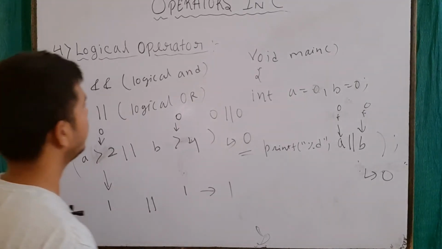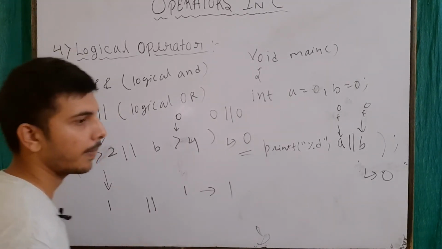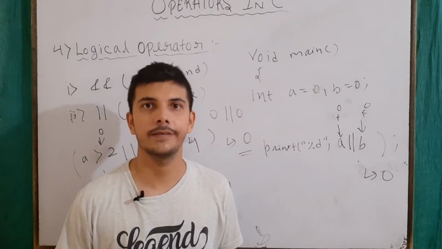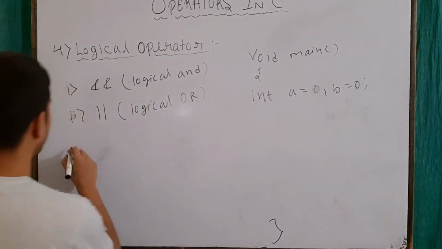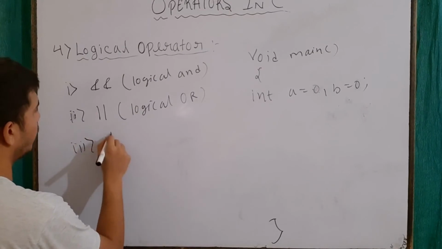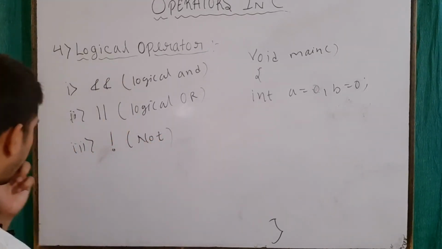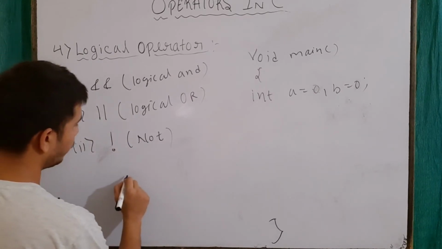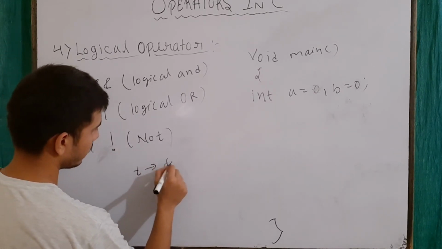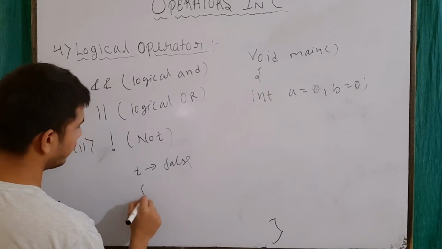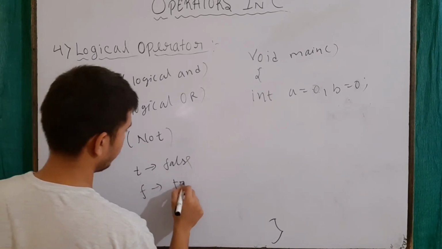Now let's go through the last operator, that is the logical NOT. Third operator, NOT. What it means is that it will convert true to false and false to true.